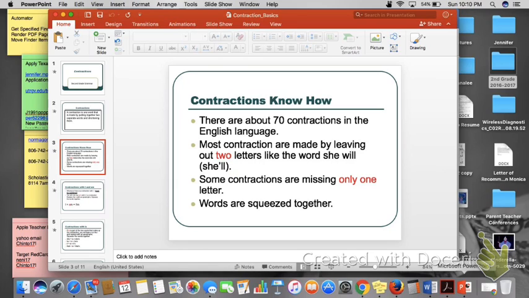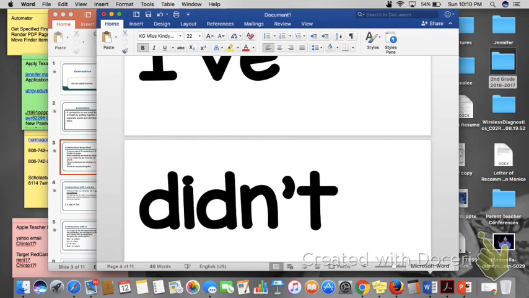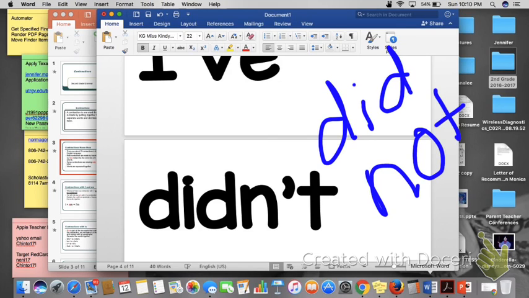For example, our word didn't is a contraction of these two words. Did and not. Did not make up the word didn't.